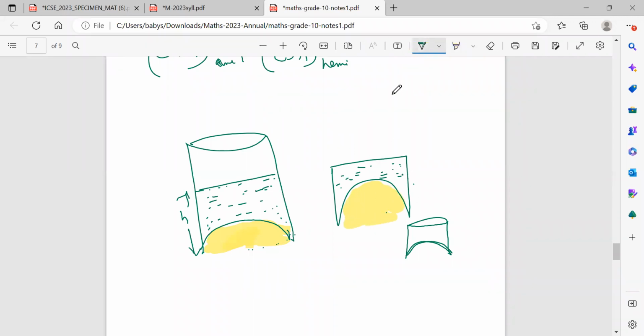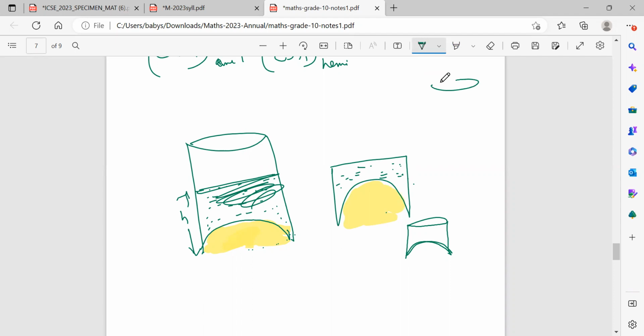Okay, so in that case, the surface area will be what? If you're talking about the surface area, then it will be the surface area of the cylinder plus the surface area of the hemisphere, combined surface area, it's inward. But when it comes to volume, you have to consider the volume of the cylindrical portion minus the hemisphere, because that hemisphere, it's not flat.